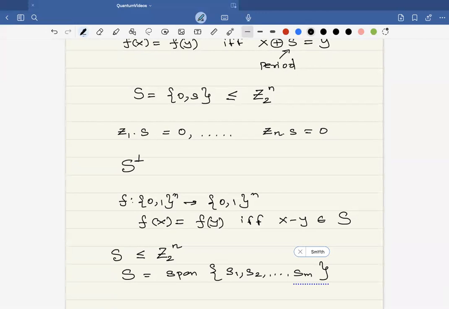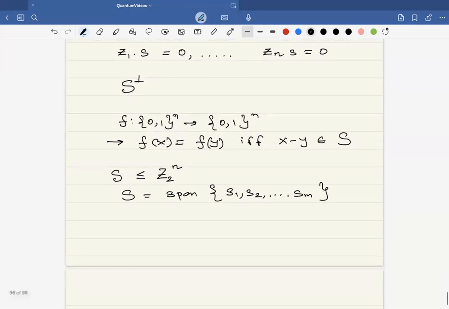Given the promise that f(x) is equal to f(y) if x minus y belongs to S, one can think of this as a function f which is constant on the cosets. So suppose this is a subspace, then you have these cosets, y1 plus S, and so on.